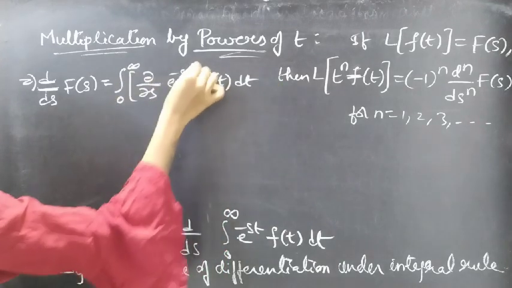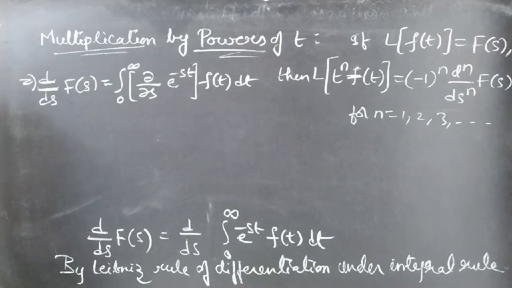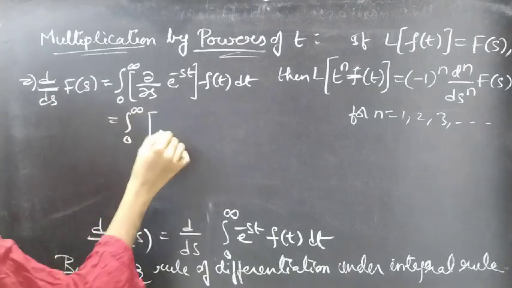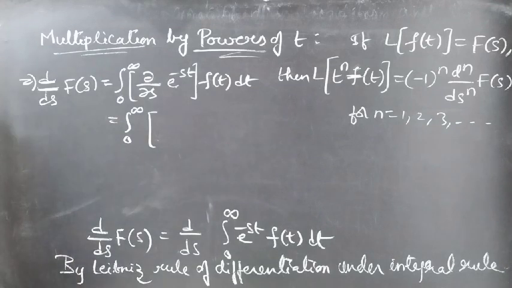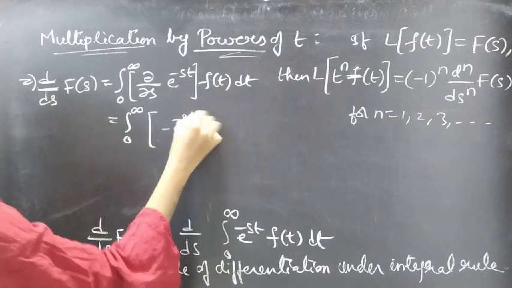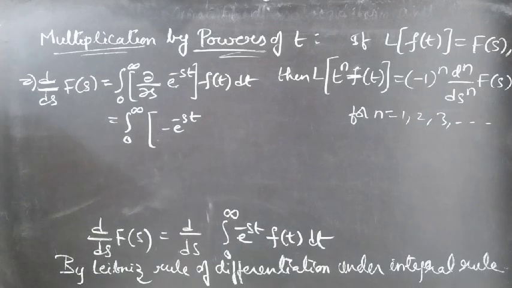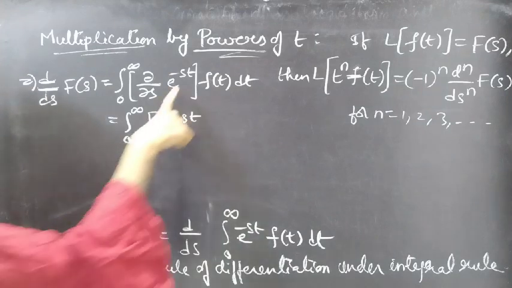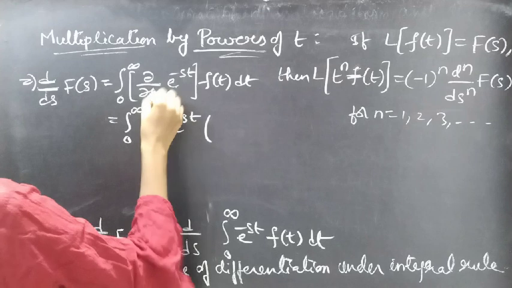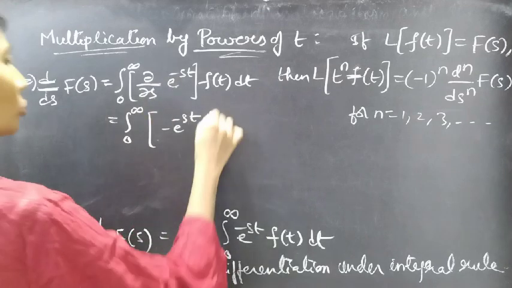Now find the partial derivative of e power minus st. We'll get integral 0 to infinity minus e power minus st into the inner derivative, that is the derivative of st with respect to s.